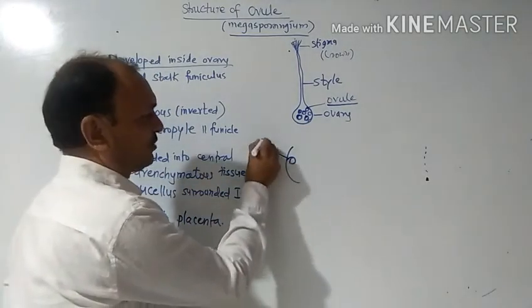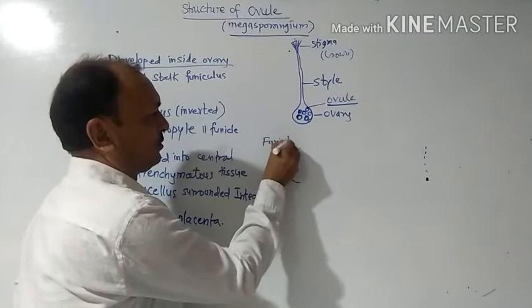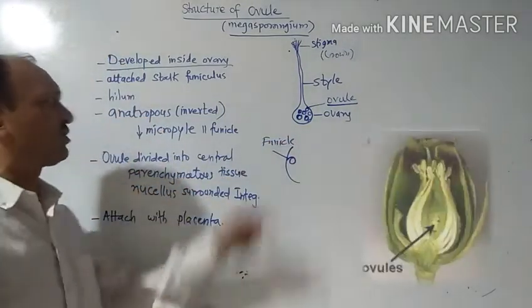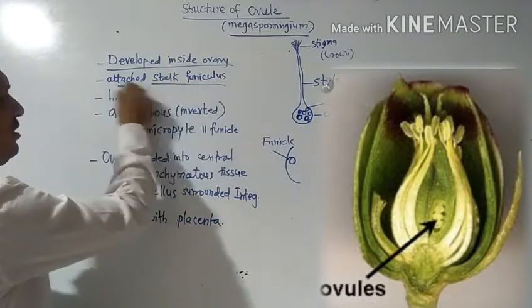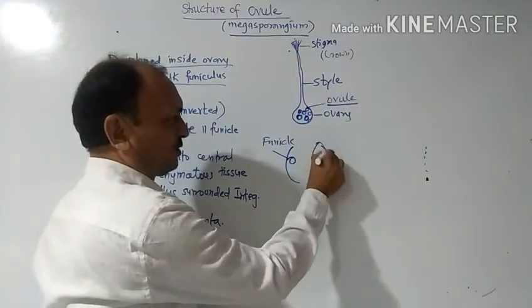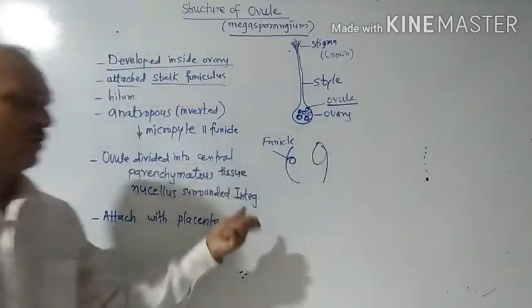That part is called the funicle, where the ovule is attached with this stalk-like structure, just like a stalk. This is an ovule and this is a stalk, so it is attached into the ovary.